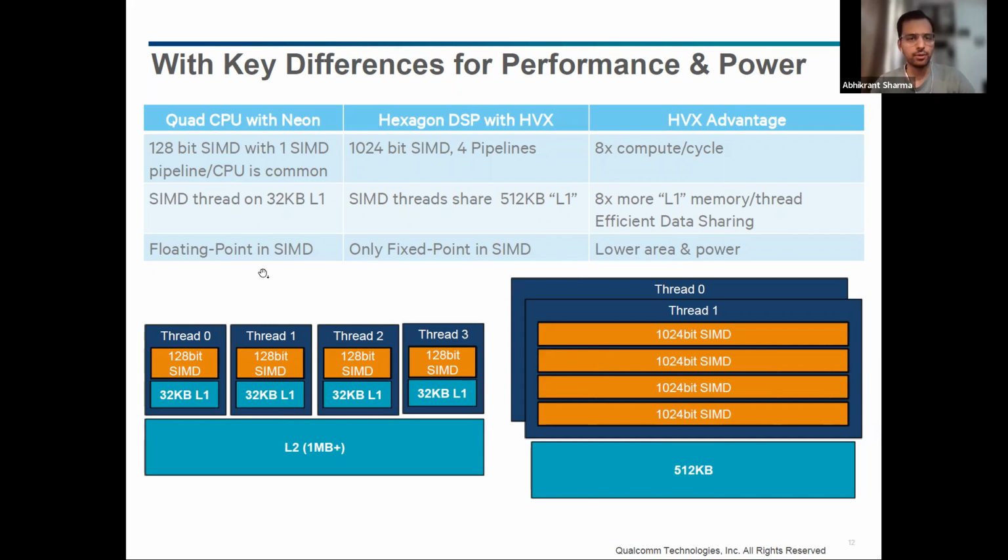There is floating point support available in the Neon hardware, which gives it the ability to do floating point arithmetic. But since Hexagon DSP and HVX support only fixed point arithmetic, this ensures that the area on the Snapdragon SoC is lower, and also the power consumption is much lesser.